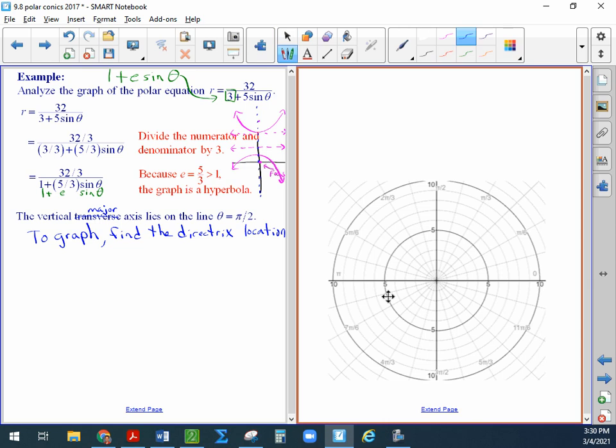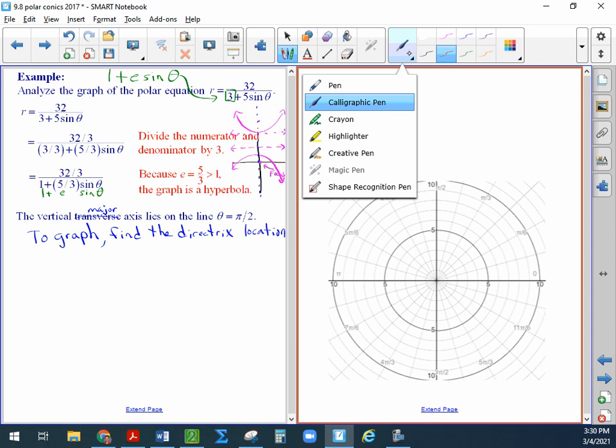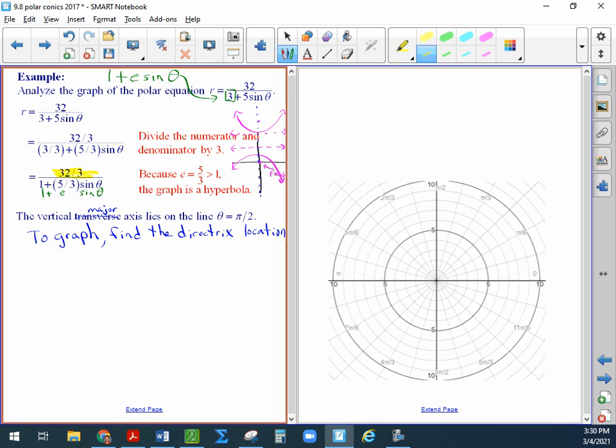And so if I have this 32 thirds over 1 plus 5 thirds sine theta, the 32 thirds is equal to e times p, because my equation that I'm working from is r equals ep over 1 plus e sine theta.